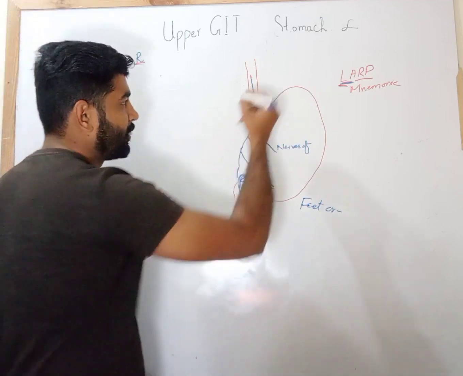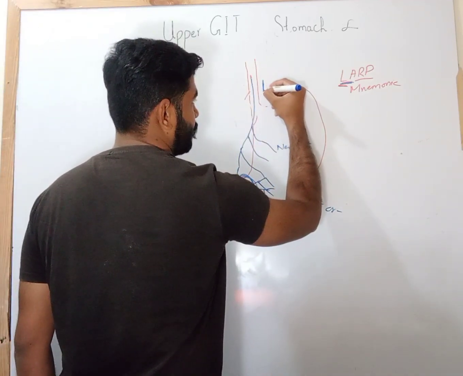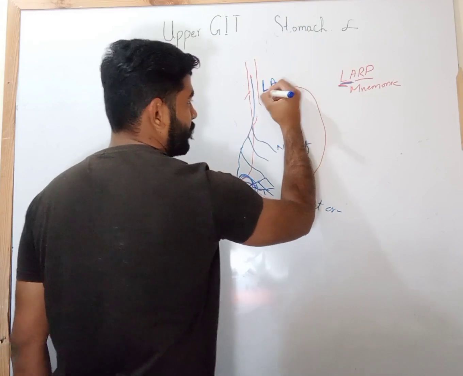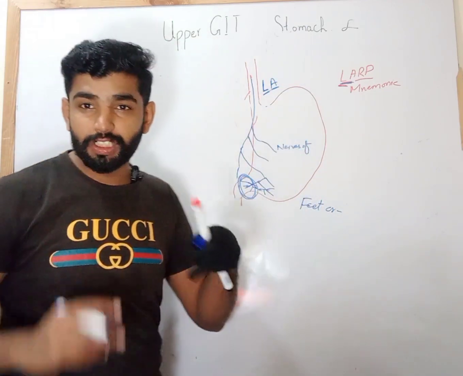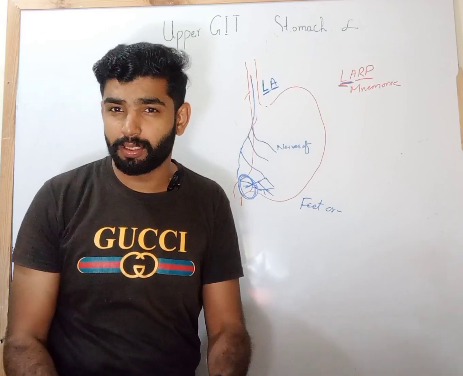This is the left anterior vagus, which supplies the anterior part of the stomach.